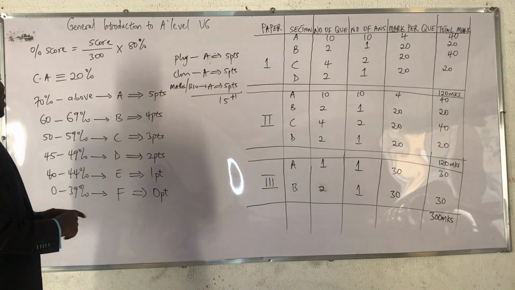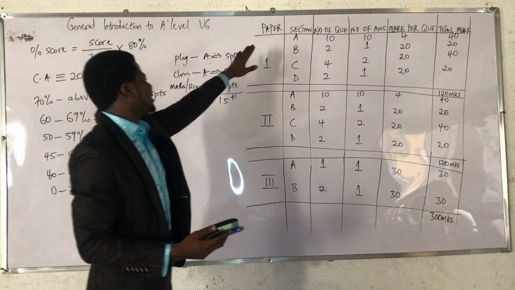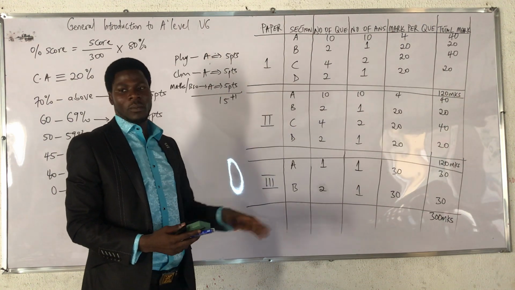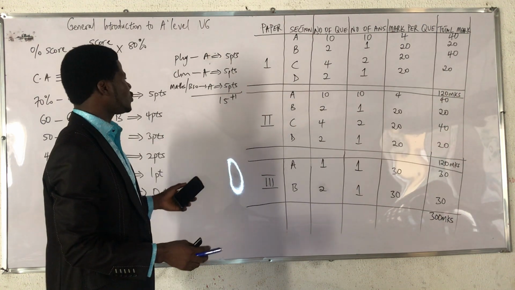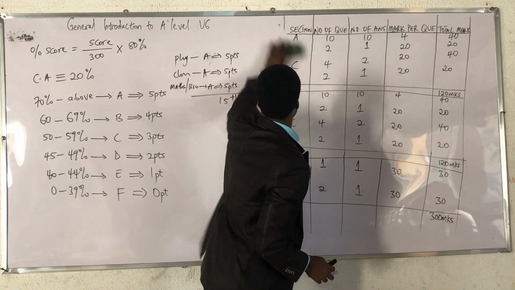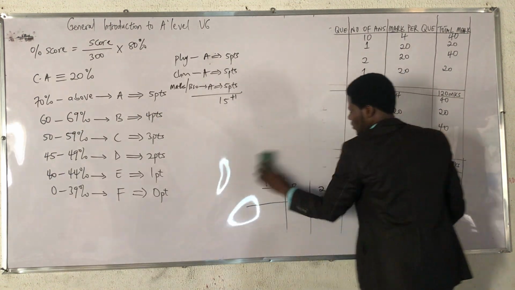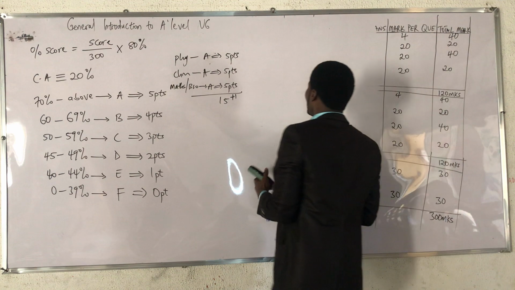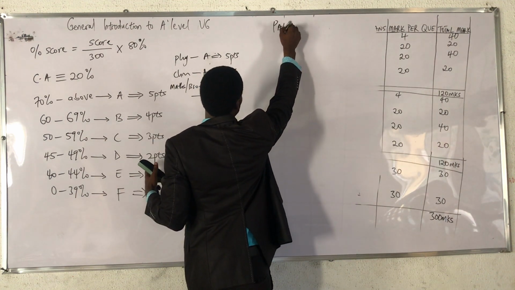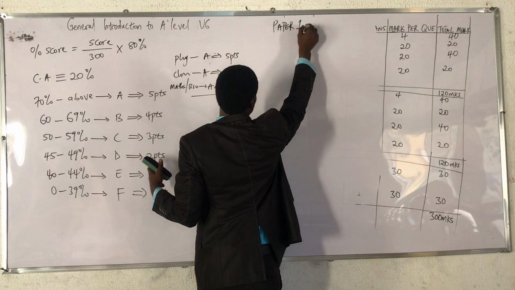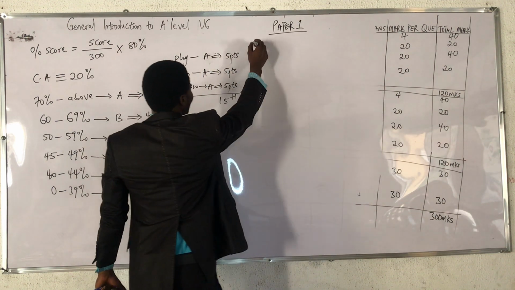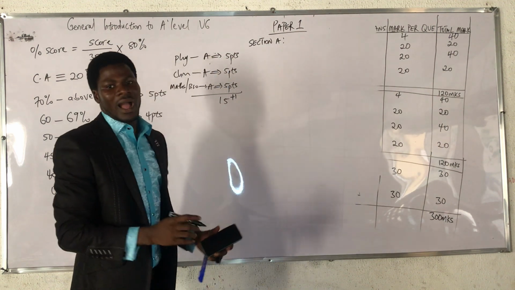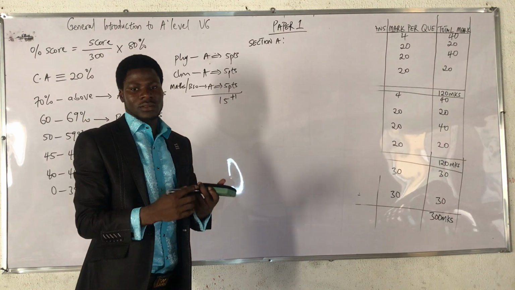Now, all these sections, A, B, C, and D, the questions, where are they coming from? Let me quickly show you that too. For paper 1, all the 10 questions in section A are coming from every aspect of physics 1.